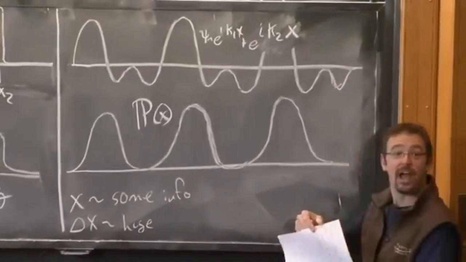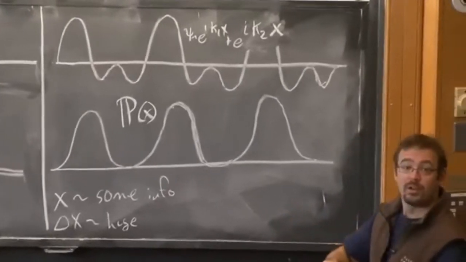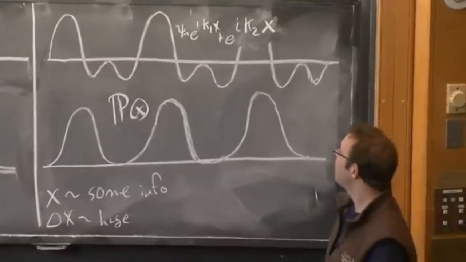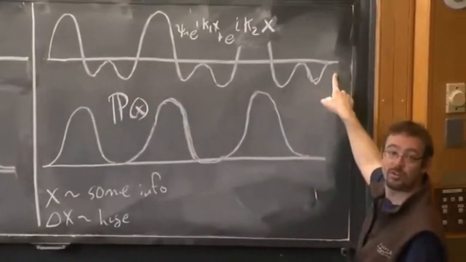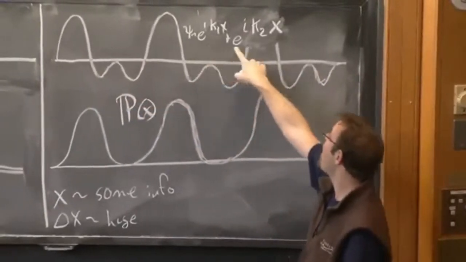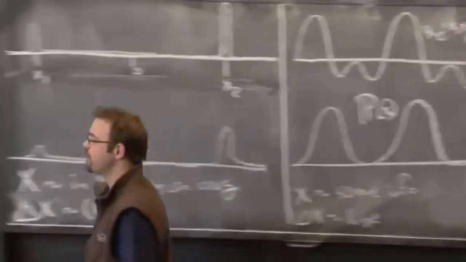Yeah? Why is the probability not big, small, small, big, small? Excellent. This was the real part of the wave function, right? And the wave function is a complex quantity. Let me do this on the chalkboard.